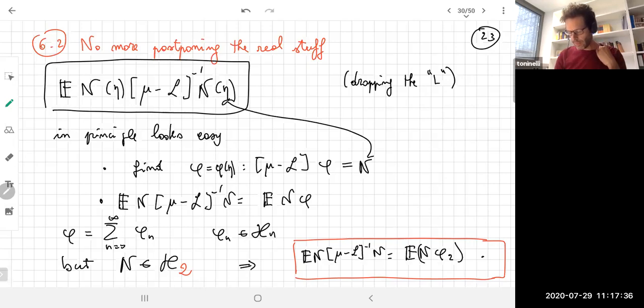And actually, it's even better than that, because remember, any function phi in L2, any square integrable function of the Fourier modes, can be expanded in the Wiener-Chaos decomposition. So phi can always be written as a sum from 0 to infinity of phi n, where phi n belongs to the nth Wiener-Chaos.